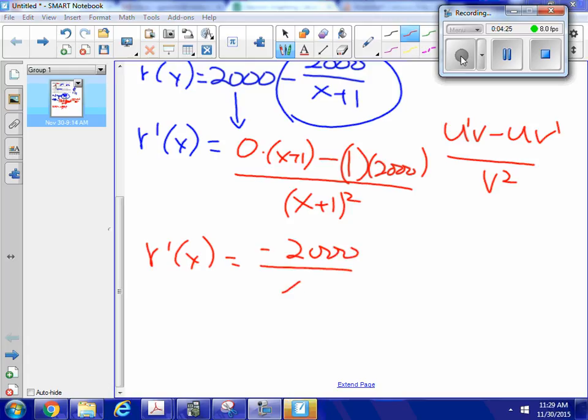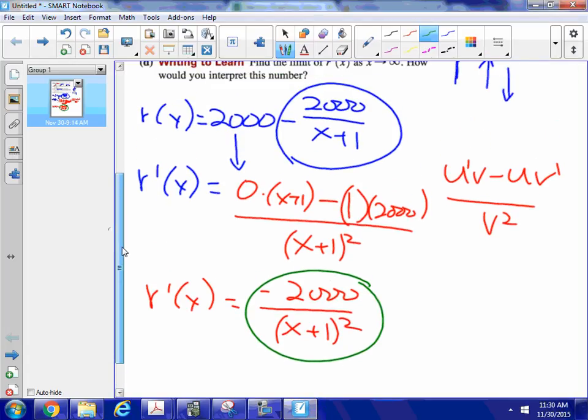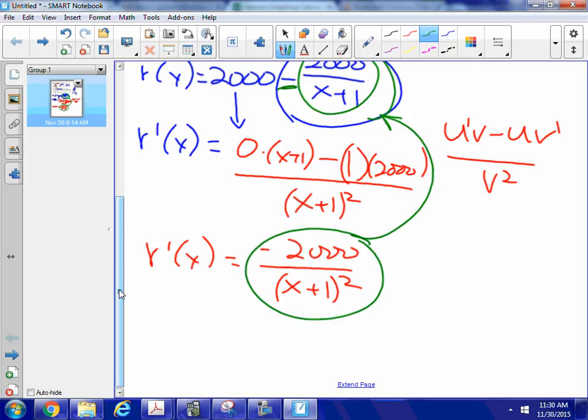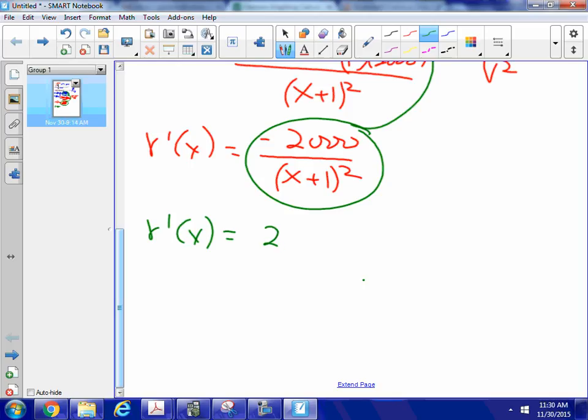But I made a mistake, because what I found here is the derivative of this, but there's a negative sign in front of it. So really it's negative, negative, so r prime of x is actually equal to 2,000 over x plus 1 squared.